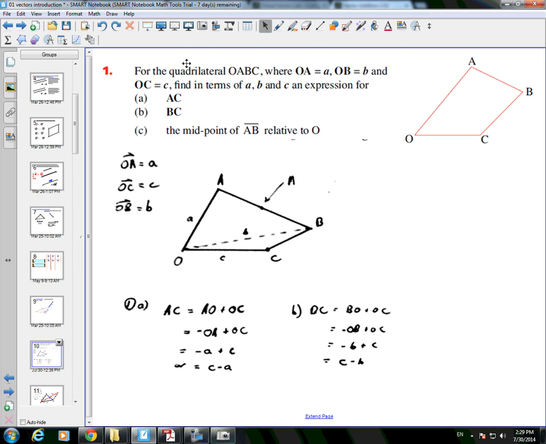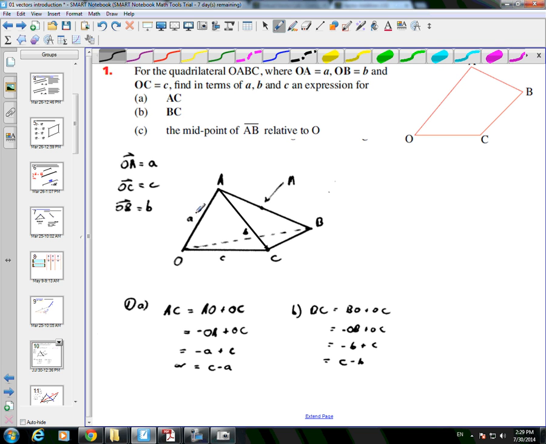So to begin with, I'm going to look at the vector AC, and here is the vector AC. To get from A to C, I need to somehow get the a, b, or c vectors involved in my work. So what I'm going to recognize is here's vector a and here's vector c.